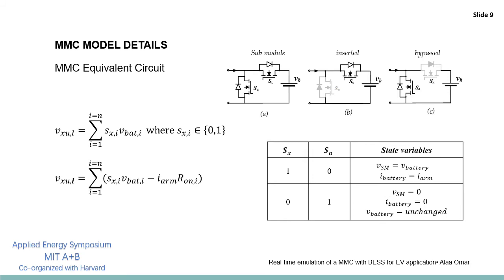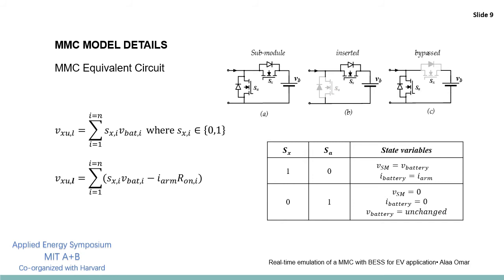As an example here, if the auxiliary switch, which is SX, is on, the submodule voltage is the battery voltage. And if this auxiliary switch is turned off, that means the main switch, which is SA, is on, the submodule voltage will be 0, but the battery voltage will be unchanged.